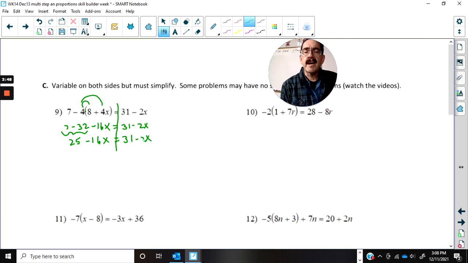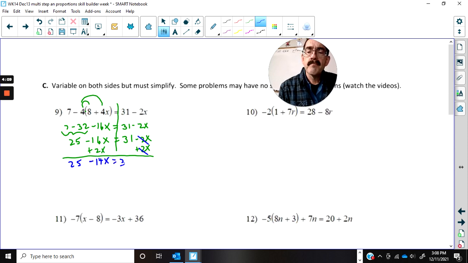Okay, so let's bring the x's over. What's the opposite of minus? Plus. So we're going to add. To get rid of that, we have to add 2x to both sides. Those cancel. 25, negative 16, but we gain 2, so we're minus 14x. Let's subtract the 25.